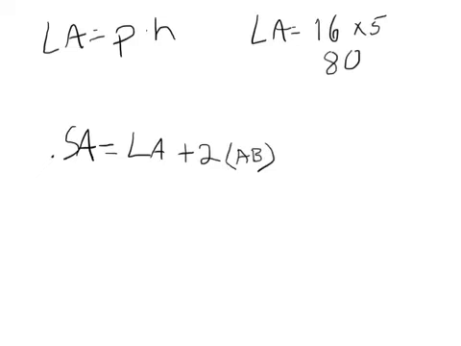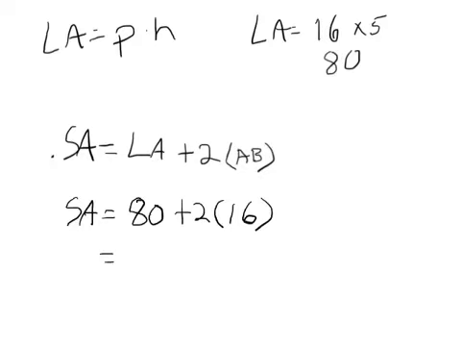Continuing with the prism that we saw on the second slide, the bases were 4 by 4, and so the area of the base was 16. The lateral area, as we just found, is 80. So the surface area would be equal to 80 plus 2 times 16, or 80 plus 32, or 112, like we had just seen on that previous slide.